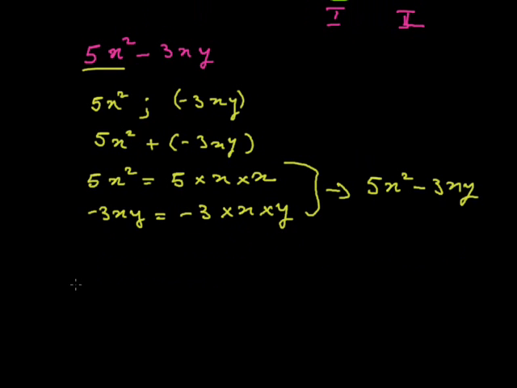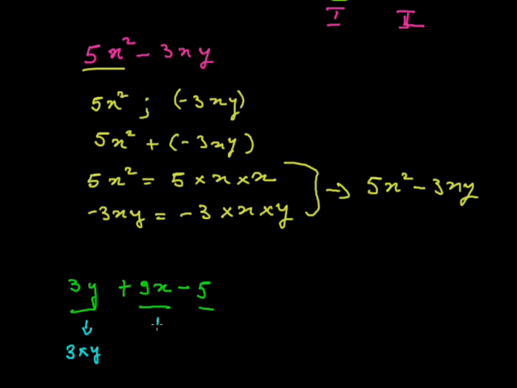Again in this expression, 3y plus 9x minus 5, we have three terms, that is 3y, 9x and minus 5. Now the first term is obtained by multiplying 3 by y.